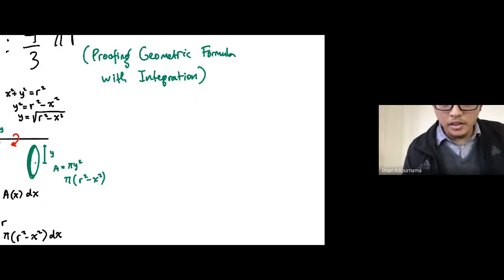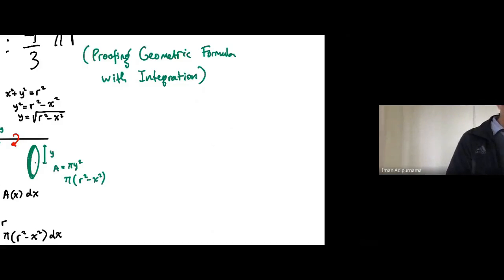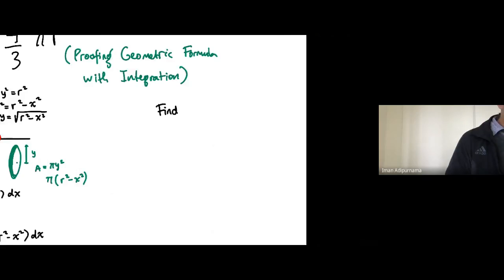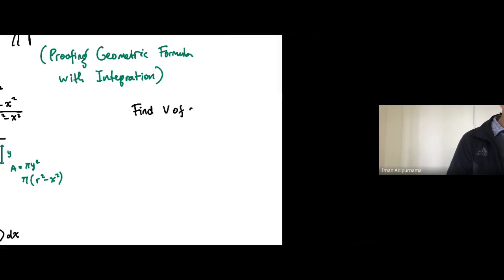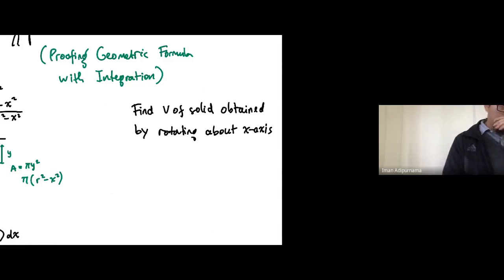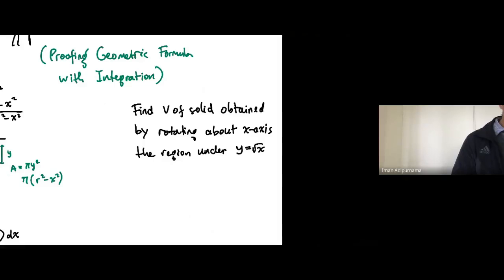Okay, let me give you another one. Find the volume of the solid obtained by rotating about the x axis the region under y equals square root of x from 0 to 1.